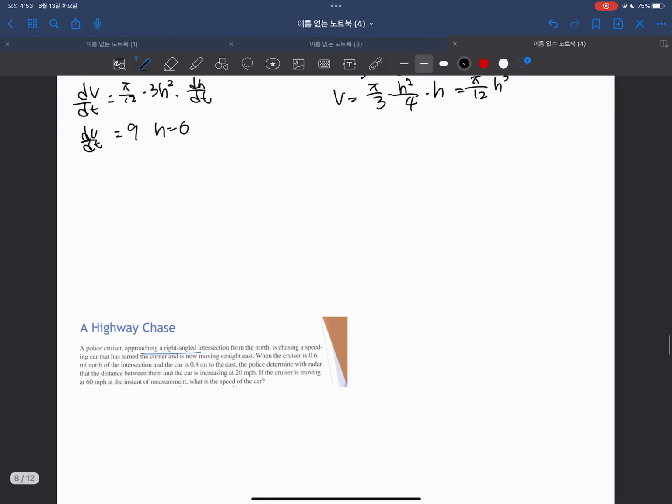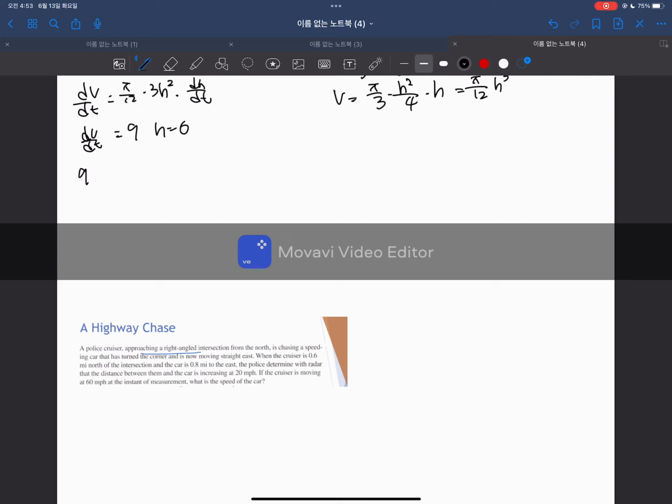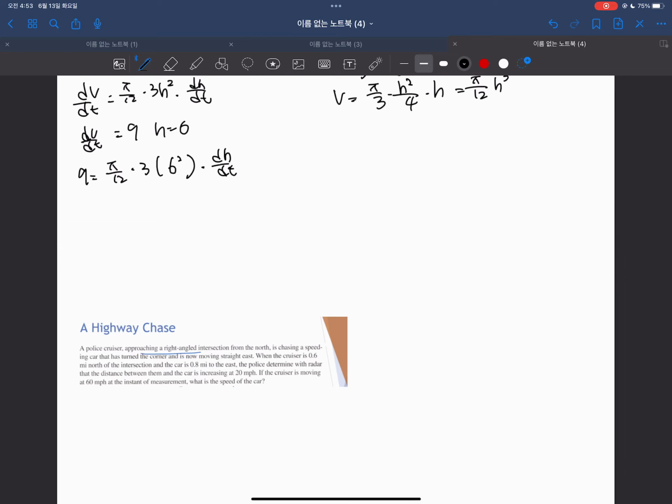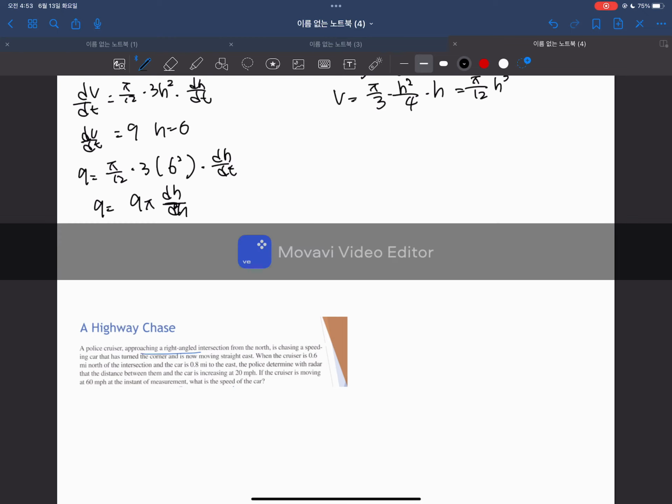When we plug this into the equation, we get 9 is equal to pi over 12 times 3 times 6 squared times dh over dt. When we simplify this, we get 9 equals 9 pi dh over dt. When we divide by 9 and by pi on both sides, we get 1 over pi is equal to dh over dt.